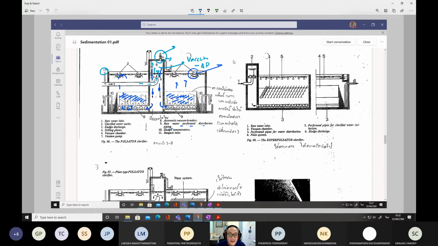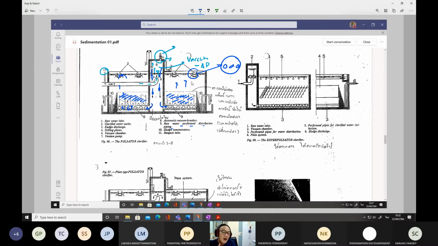Sometimes they apply a large PVC pipe and make holes around it, then put it at the surface. It doesn't always have to be a V-notch weir installation, but the equipment we fit at the outlet must be able to prevent unnecessary turbulence inside this tank.